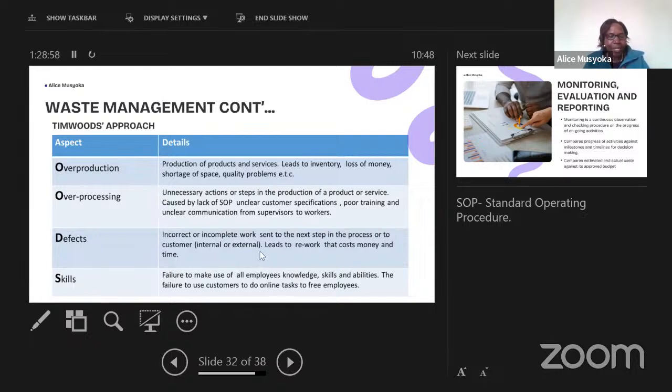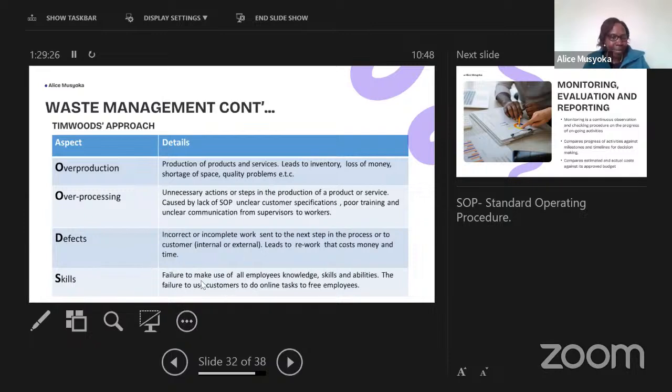Reworks, so the process has to be repeated. The failure to get it right the first time. So when we talk about productivity improvement tools such as TQM, it would be applicable here, so that whatever someone does, they get it right the first time. They don't have to rework.